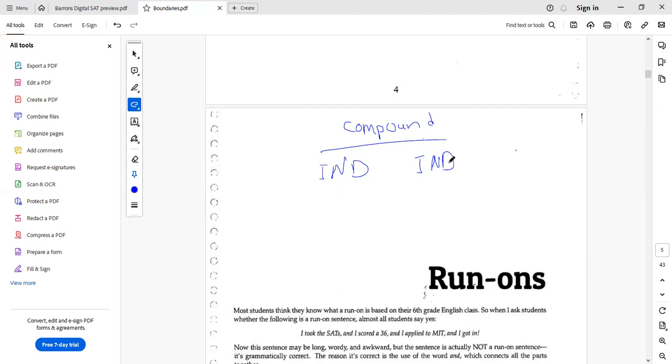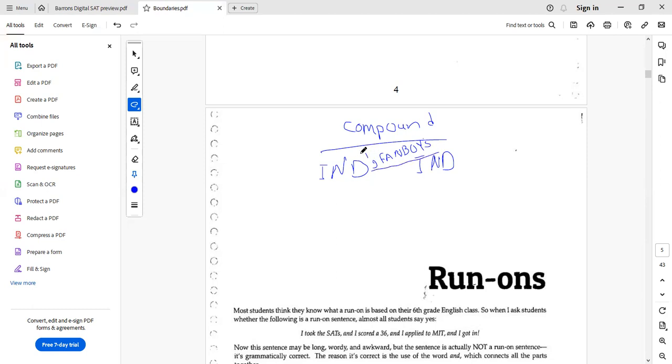Number one, you have to put comma, fanboys. Not only comma, and not only fanboys; both of them together: comma, fanboys. Fanboys is an acronym for the coordinating conjunctions. What are the coordinating conjunctions? For, and, nor, but, or, yet, so.